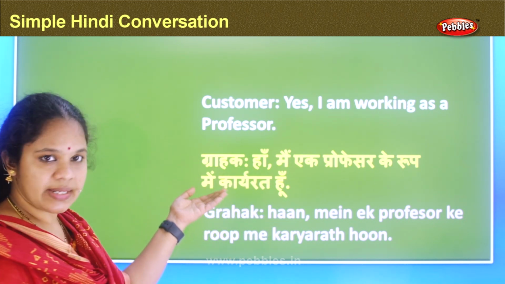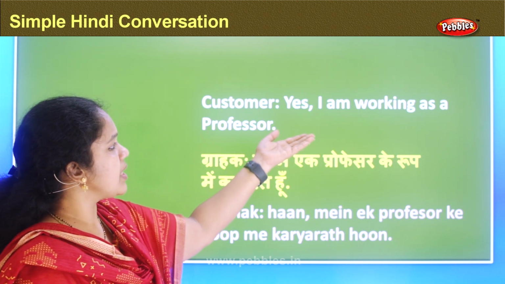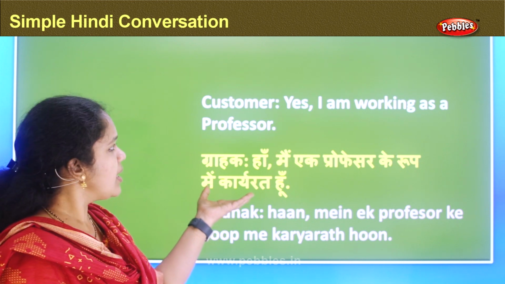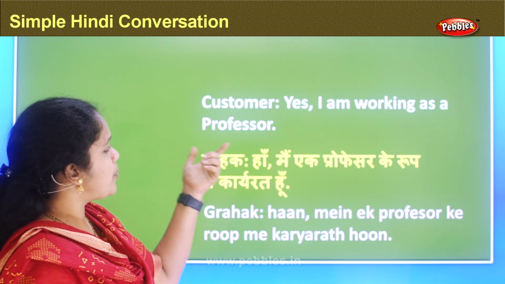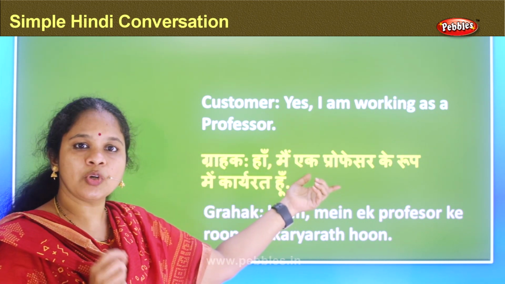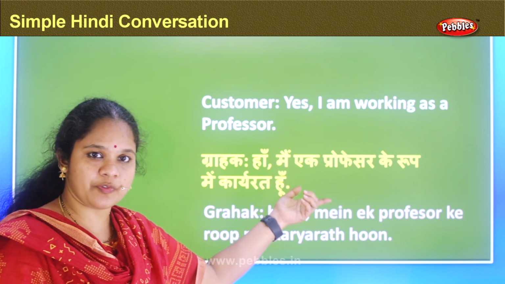Let us go sentence by sentence. Yes means हाँ. I am working, मैं कार्यरत हूँ. I am working as a professor, मैं एक प्रोफेसर के रूप में. रूप means in the form of. I am working in the form of a professor.